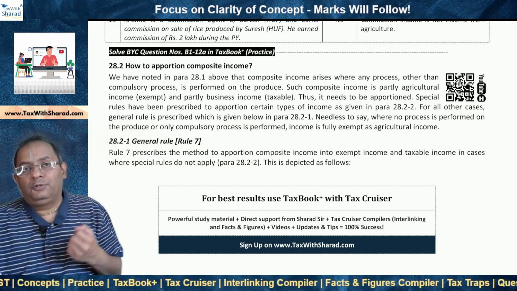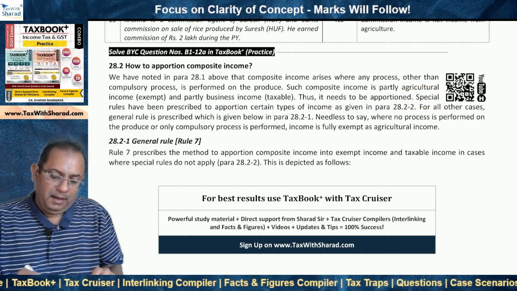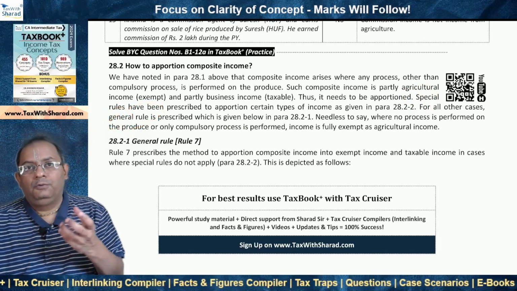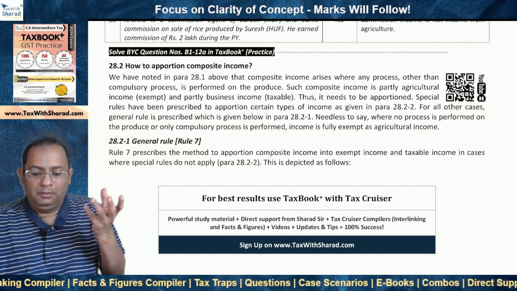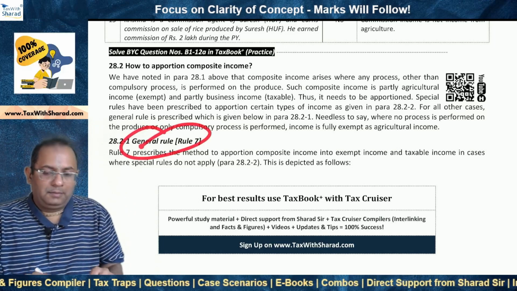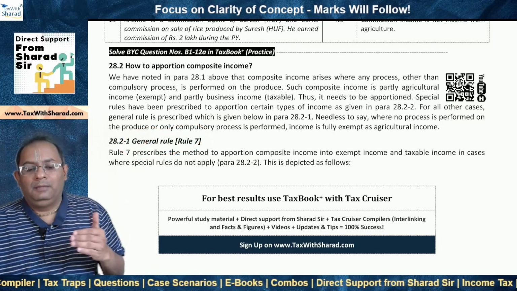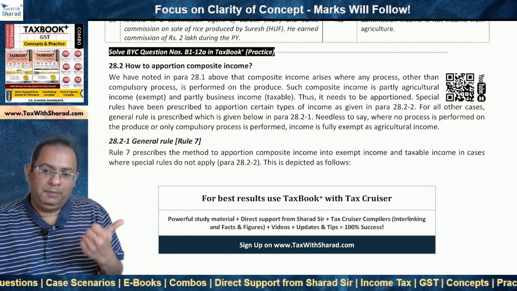For apportionment, two kinds of rules have been prescribed: special rules, okay, and general rule. Special rules apply in certain situations, in certain cases, in the case of certain products. Where a special rule does not apply, general rule applies. So that means if a special rule is applicable, we only need to apportion the composite income as per the special rules.